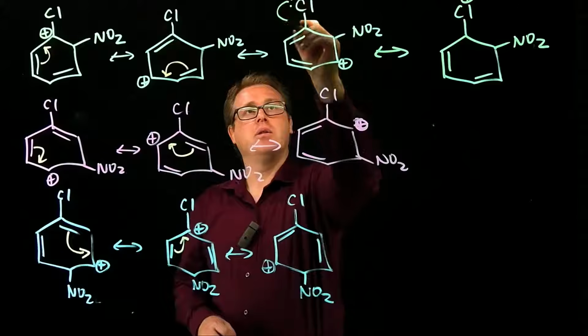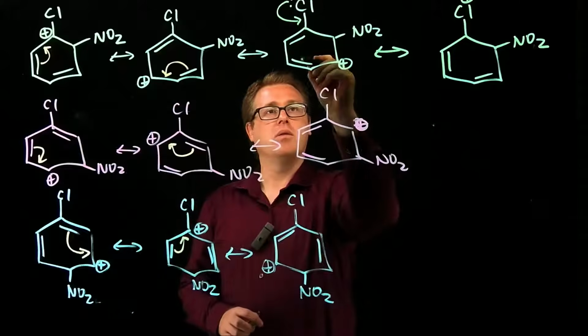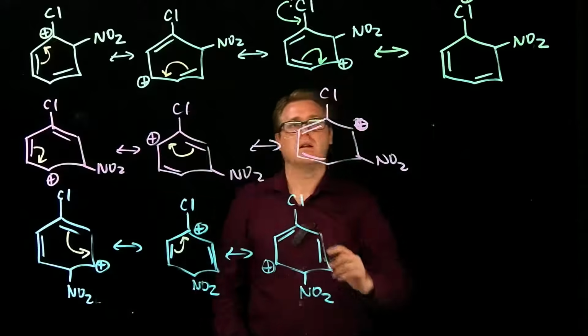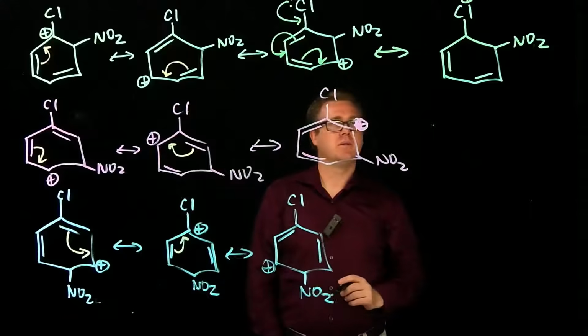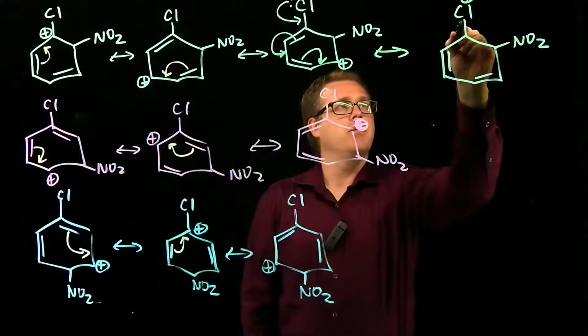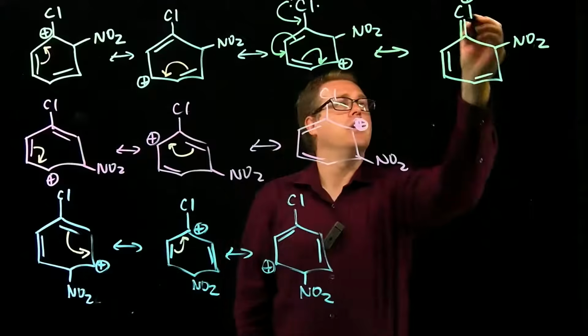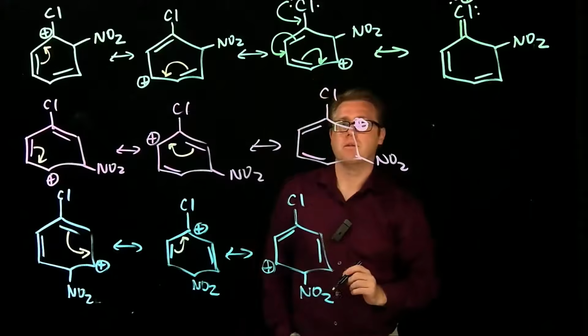Well, what are we doing? We are stabilizing. That would go there like that. And then those would come like that. And we would have a double bond there. There, that looks good.